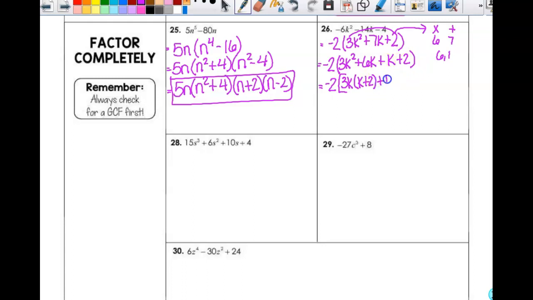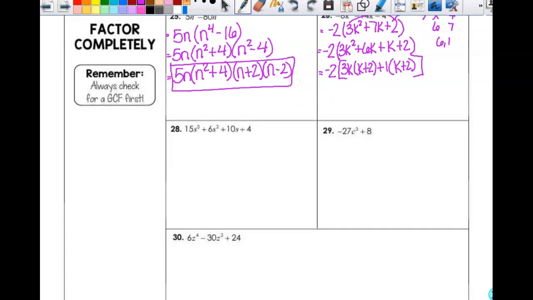Out of here, I have to factor out a 1, and then I get k plus 2. You could still leave them as parentheses if you want to, but I think brackets are better because then you don't get your parentheses mixed up. And then that gives me negative 2 times k plus 2 times 3k plus 1, and that's the best I can do.